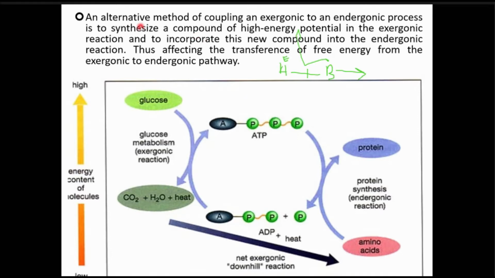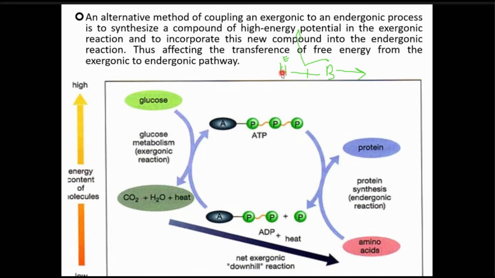What it says here is there is another alternative method of coupling an exergonic and endergonic process. We can do it differently by using what we just mentioned, the ATP. So what we do is synthesize a compound of high energy potential in the exergonic reaction.